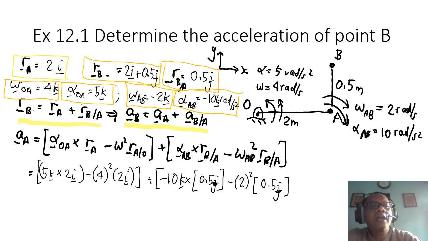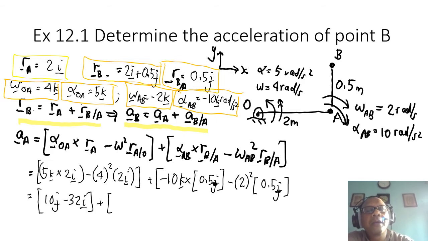So k cross i, we can now find, k cross i is j. So 5 times 2 is 10, so it's 10j. Minus 16 times 2, 32i. Minus 32i.